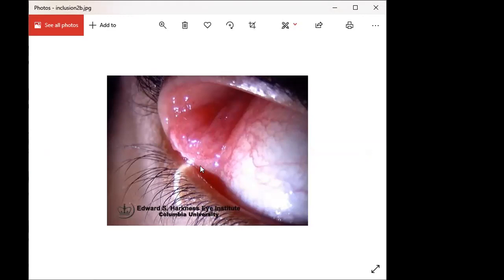If it is present in the inner canthal region, it is adult type trachoma, also called adult inclusion conjunctivitis. The serotypes here are D to K: D, E, F, G, H, I, J, K.